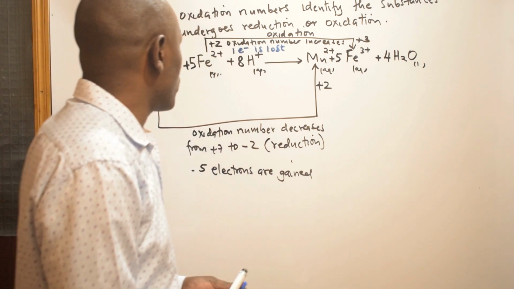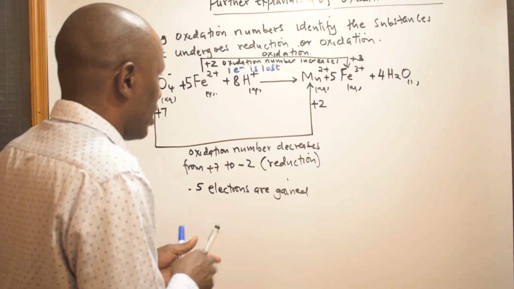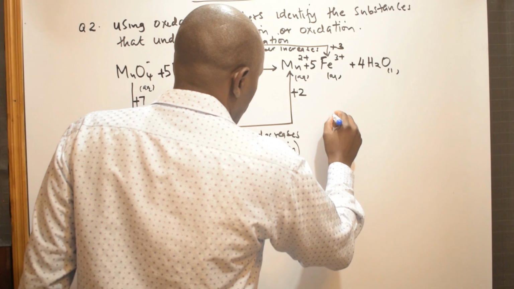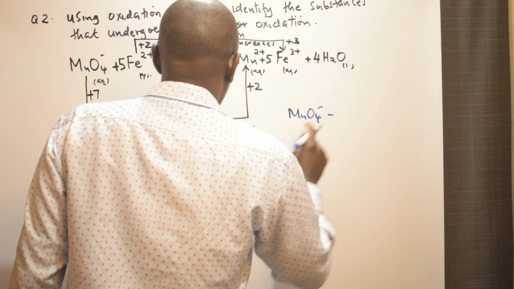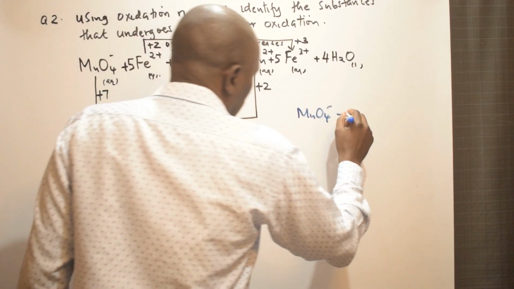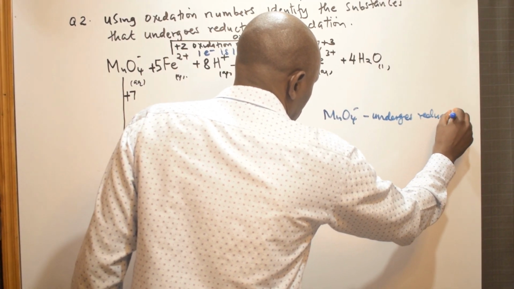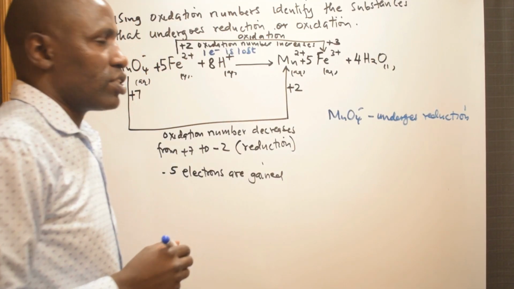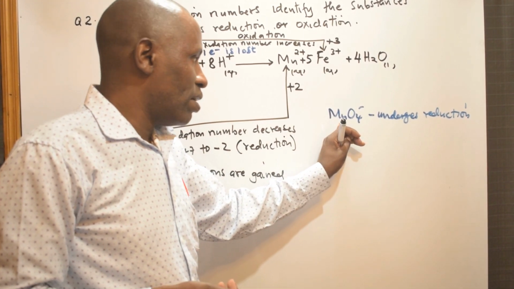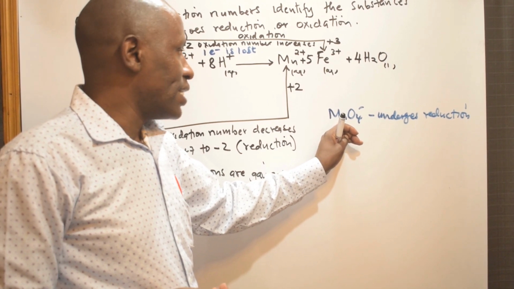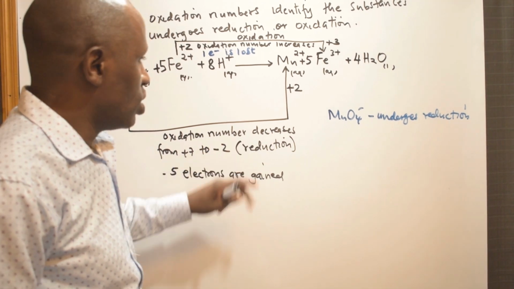We can therefore say that our manganese ions undergo reduction, and we can explain that. The oxidation number of manganese decreases from positive 7 to positive 2.